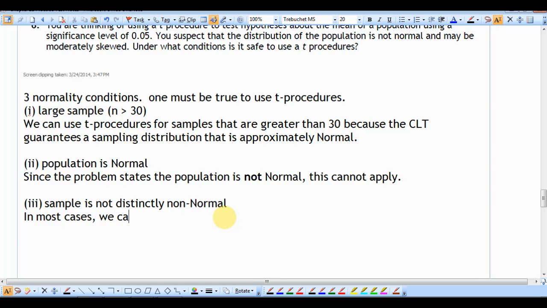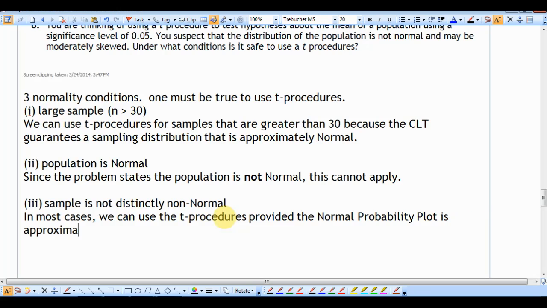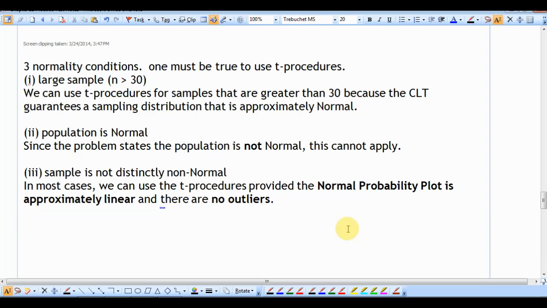In most cases, we can use T procedures provided the normal probability plot is approximately linear and there are no outliers. So really only one to be applied here. So in this case, only 1 and 3 would apply.